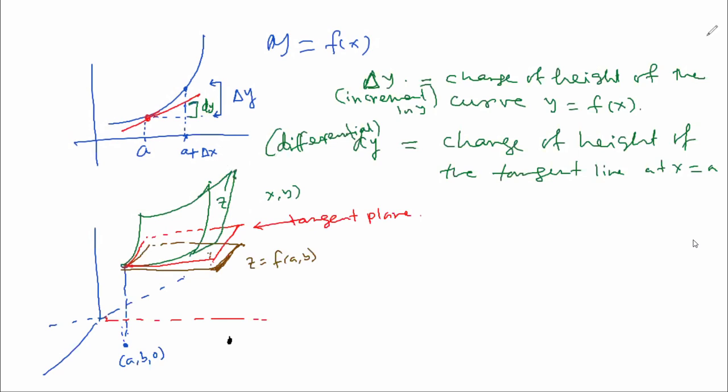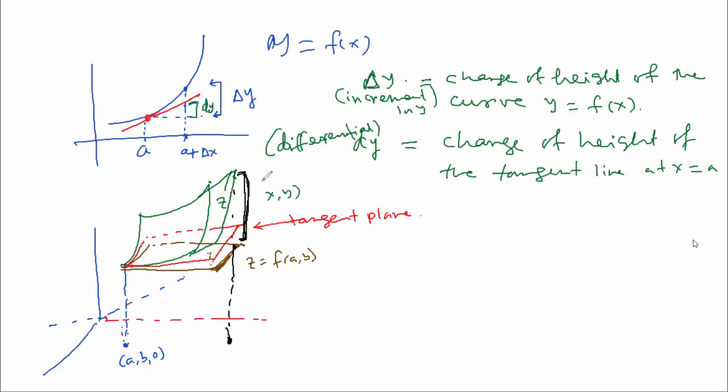If you look at the point, the height difference. So if you take a point probably here, and if you go to the surface, so from here to here, that's the change of the height of the surface, right? If you go from this point to this point.